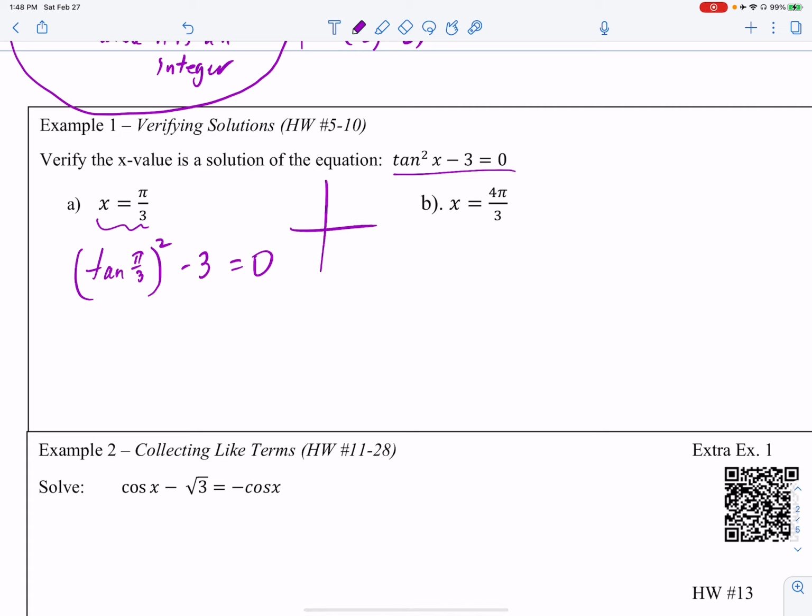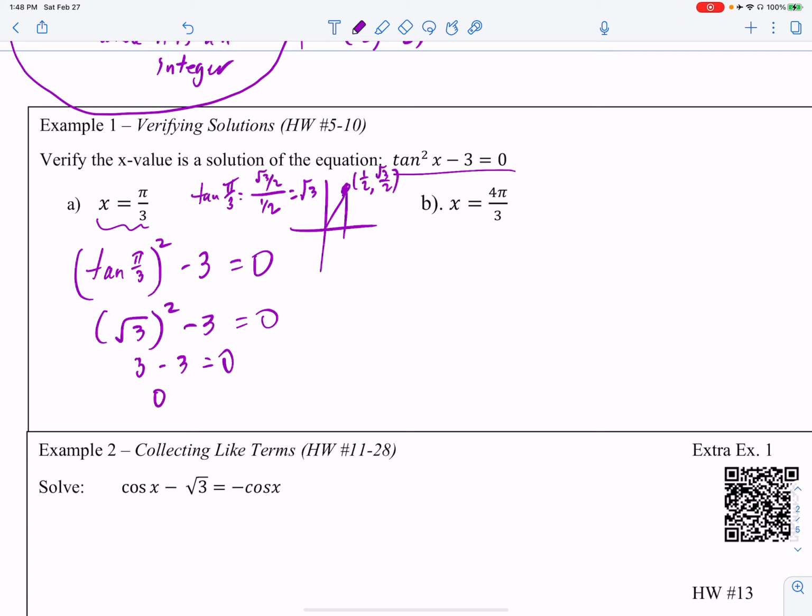Well, pi/3, we just saw, is 1/2 comma root 3 over 2, and tangent of pi/3 is your y over your x, which is root 3. So you need to show that you plug in root 3 into that, and then you get 3 minus 3 is 0, you get 0 equals 0, and you verified that it's a solution.